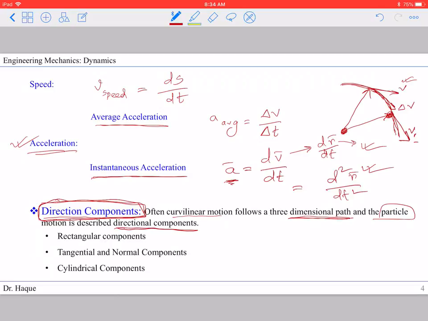So we know the most common one is the rectangular component when you have x, y, and z coordinates, and then you can have a tangential and normal component. So if your particle is moving, you can have a tangent component of that particle position, and normal, which is 90 degrees to the tangential component. And there are cylindrical components. We're going to study all of those one by one, but we'll start with the rectangular components today.